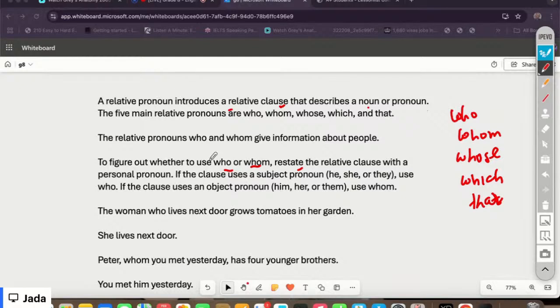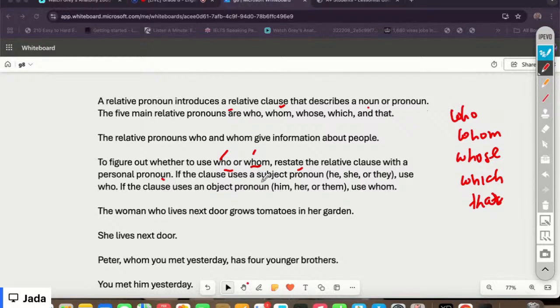So if you want to decide if you're using whom or who, you have to restate it with a personal pronoun.